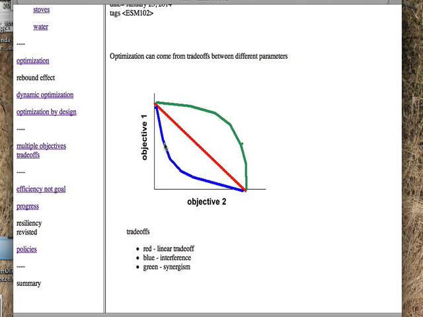Now, if we're lucky, we can find a synergistic system where as we move out objective 2 for a while, there's a synergism, and both of them together give you more than you'd expect from just adding them up. This is a synergism of meeting objective 1 and objective 2.